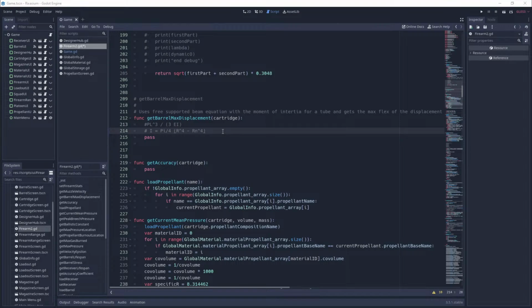I'm going to tesseract the radius. It can be diameter as well.